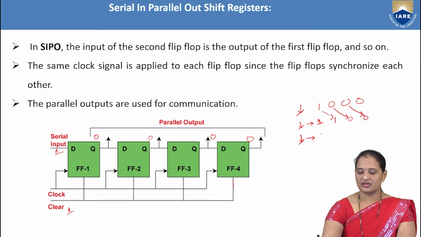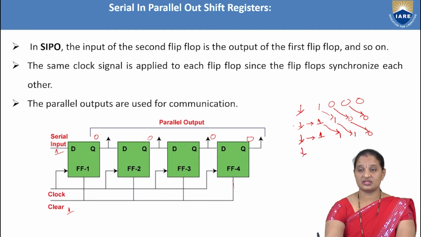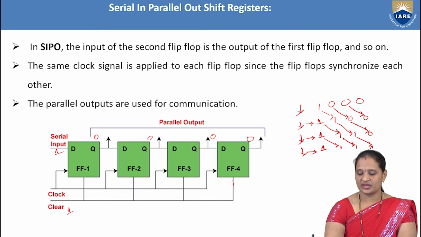During the third clock pulse, again I am pushing 1 here; the 1 we already have in the last flip-flop will be shifted, and this is the word stored during the third clock pulse. During the fourth clock pulse, I am again loading 1 here, so this 1 is loaded and the other 1s are shifted.